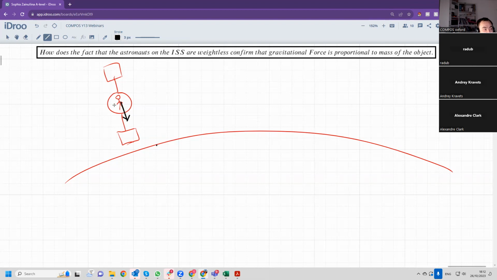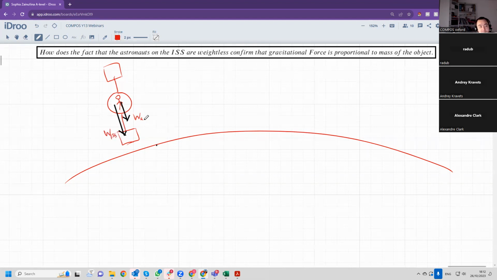And there's a force on the spaceship as well. This is the weight of the astronaut, and this is the weight of the spaceship, the ISS, the International Space Station.